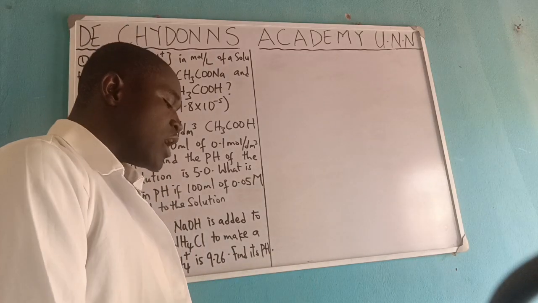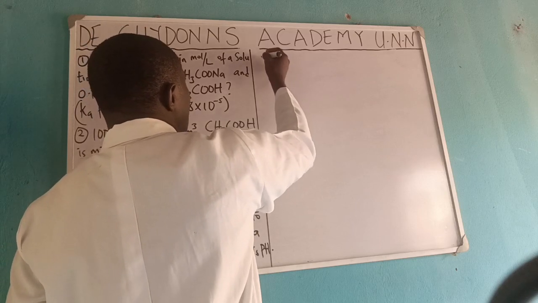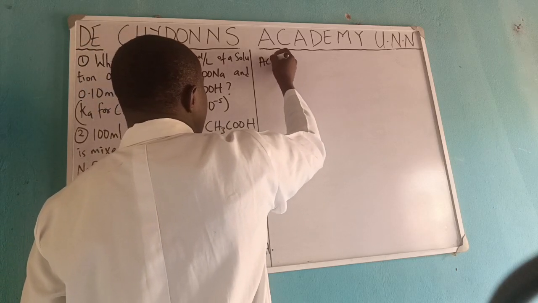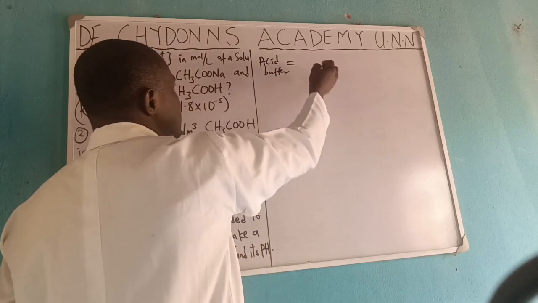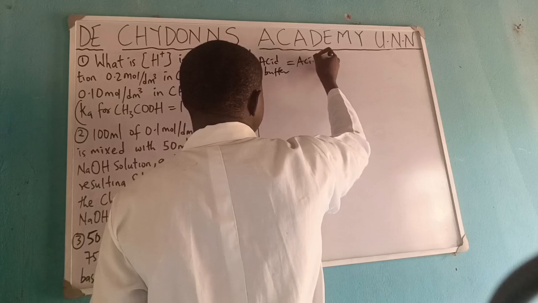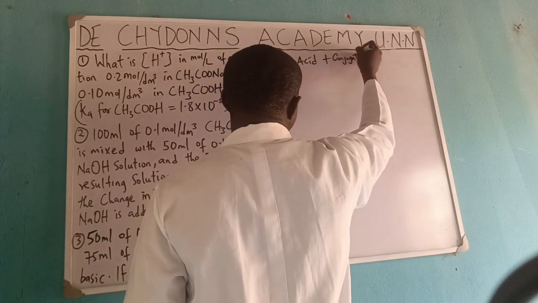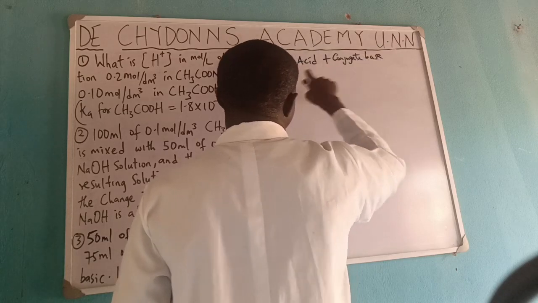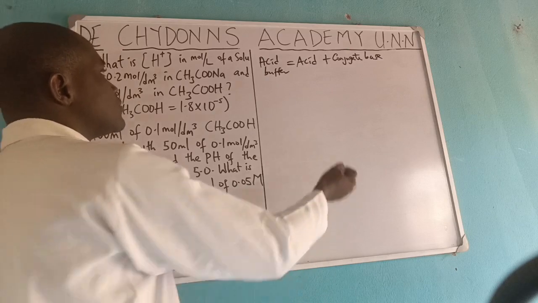An acidic buffer is any buffer that contains an acid and its conjugate base. We call them an acidic buffer, so to speak. What do we mean?